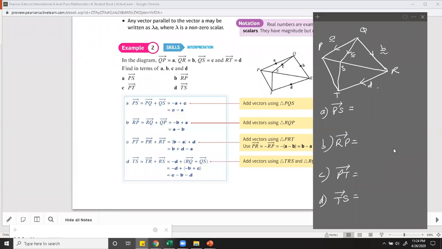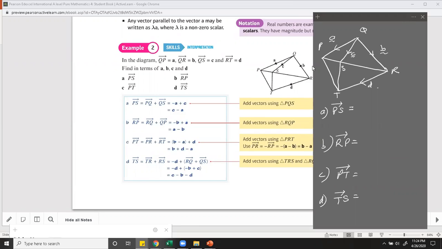Okay, so we're just going to talk our way through this, in case you prefer listening rather than trying to read it yourself. We've got this diagram here. I know it's not a very good diagram, but anyway.